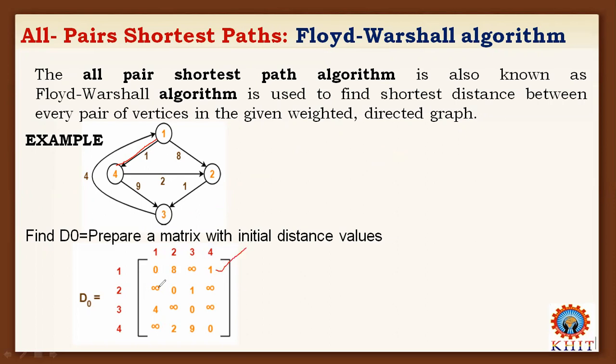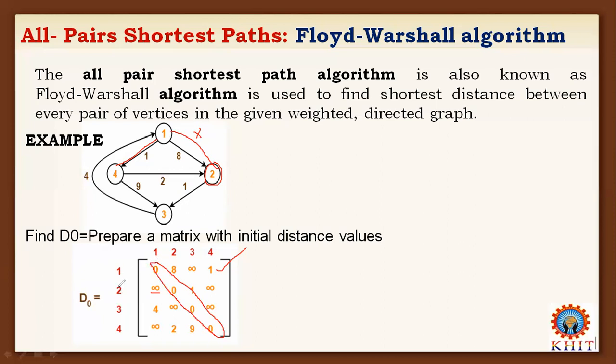Next, fill the values of the second row of the matrix and find the distance from vertex 2 to vertex 1. If you want to find vertex 2 to vertex 1, there is no direct path, that's why we can consider the distance as infinity. And these are diagonals. All diagonals are to be considered as zeros.